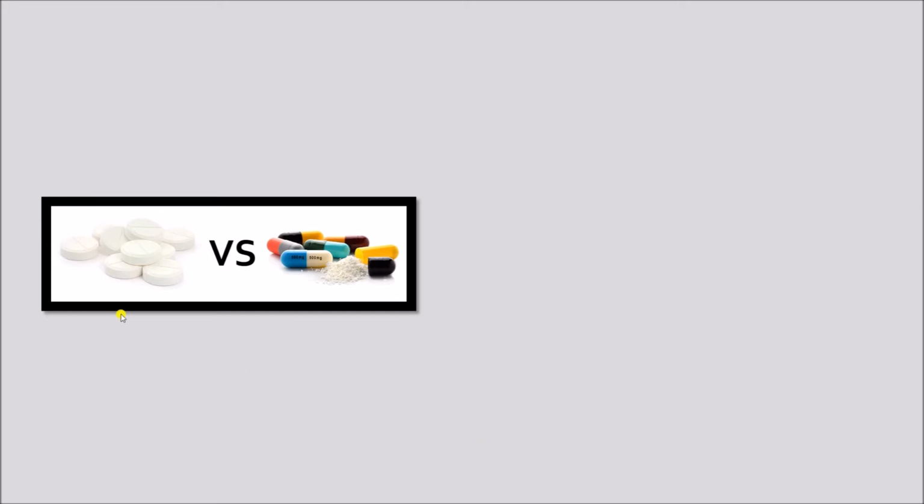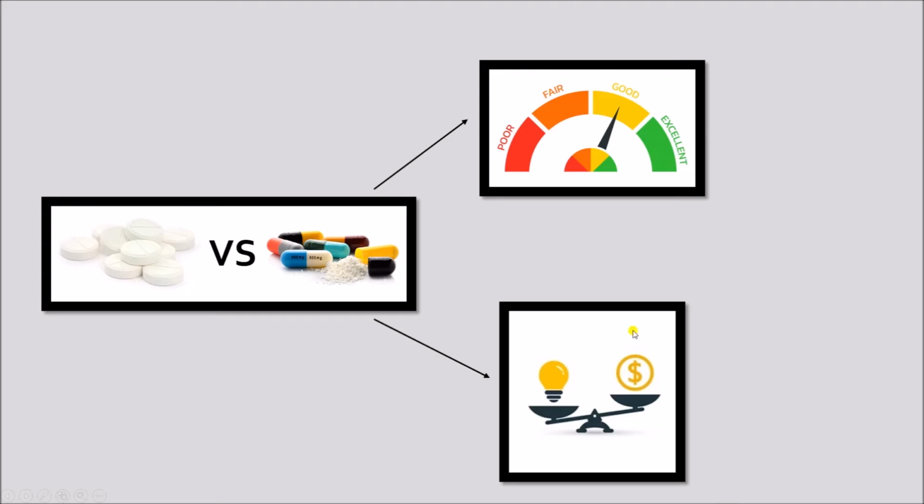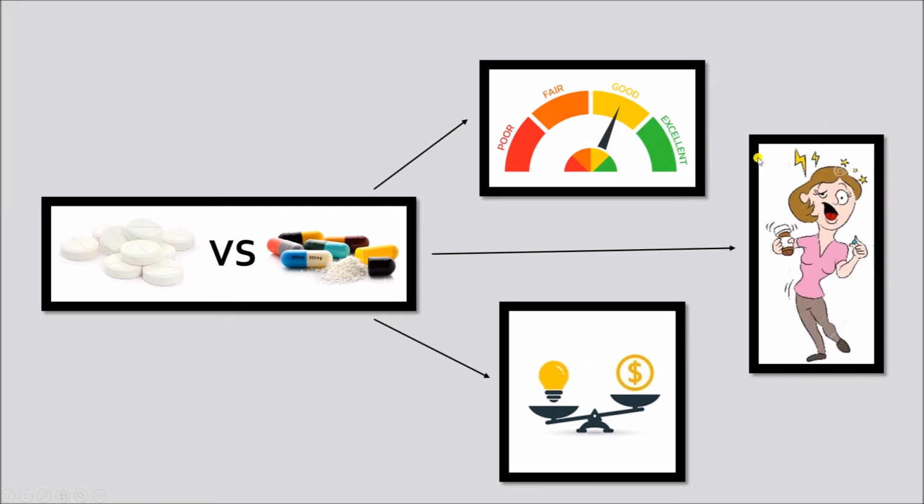So whenever we are comparing between two different interventions, which can be two different treatments, two different preventive measures, or even two different investigations, we compare in terms of efficacy, that means which intervention works better. Also about the cost, that means which intervention costs less, and also the side effects or complications from the interventions.